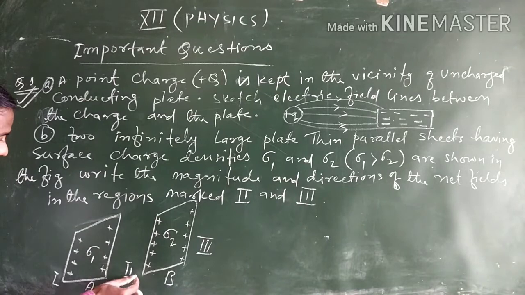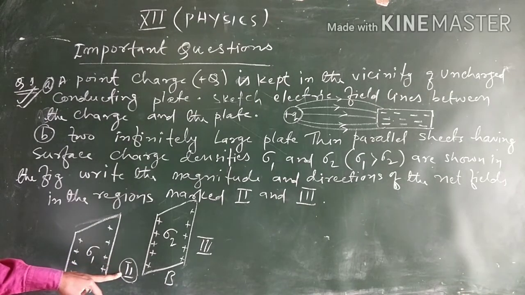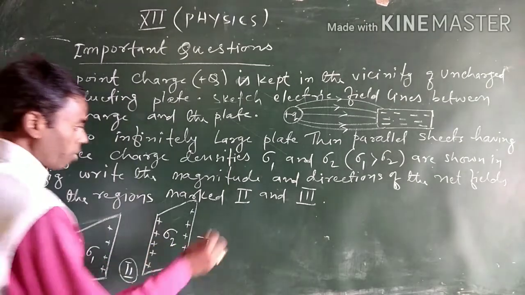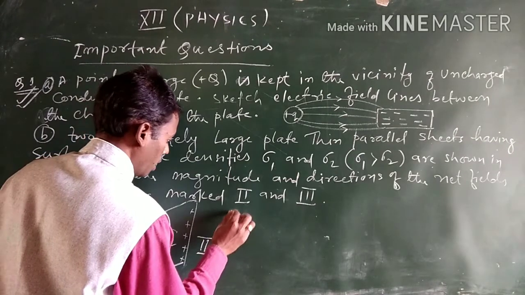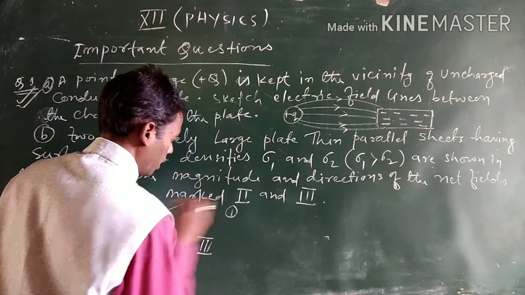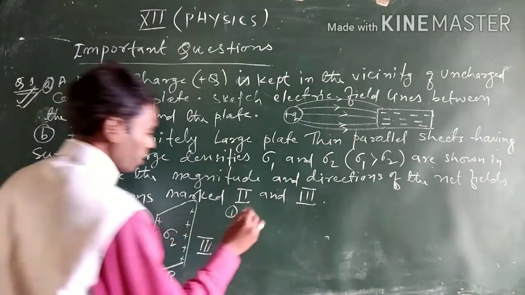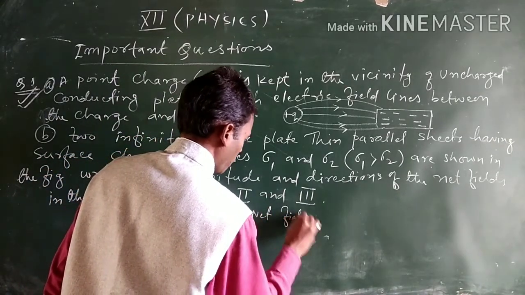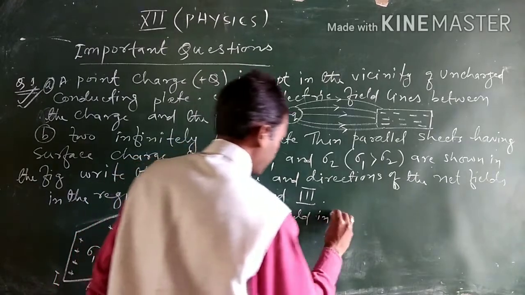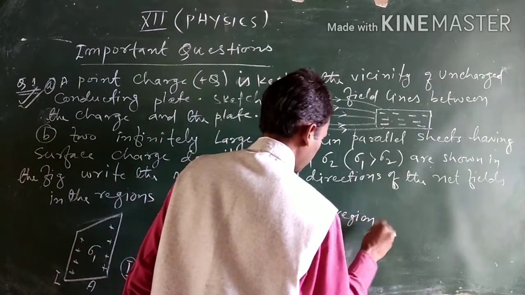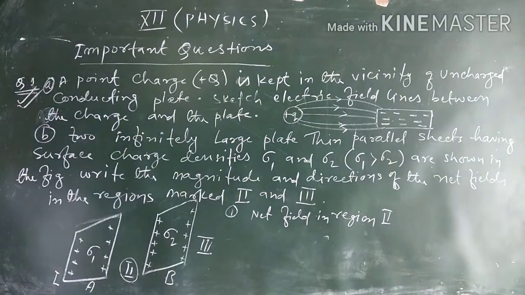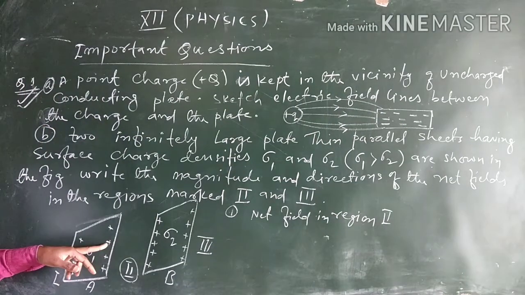That means we have to draw the electric field lines in region 2 and region 3. That means here number 1 for the sheet 1. Okay, number 1, net electric field in region 2. Okay, in region 2, that means here is the plus Q charge, right?